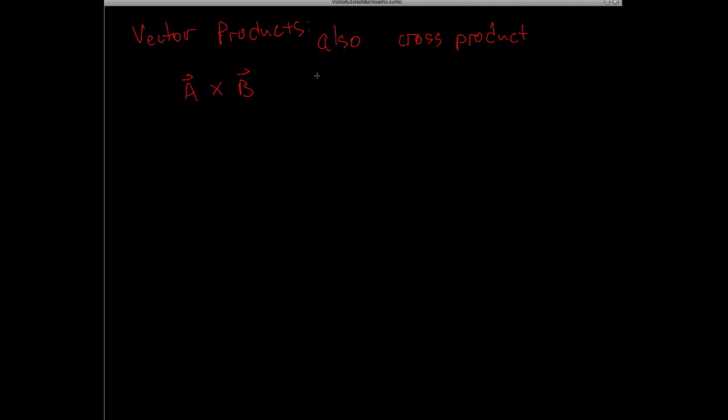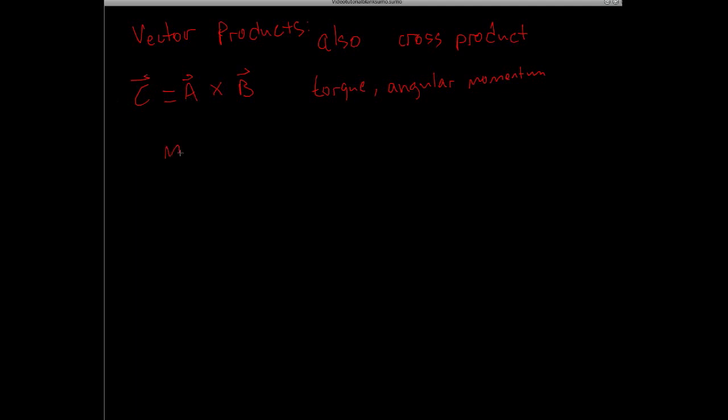This is how we describe torque and angular momentum. So a lot of physical quantities can be described by the cross product. The cross product of A and B gives us some vector C.